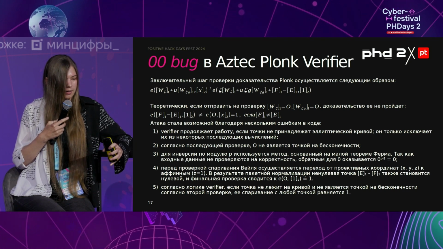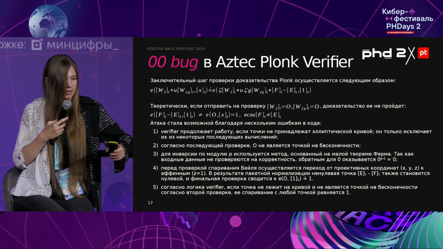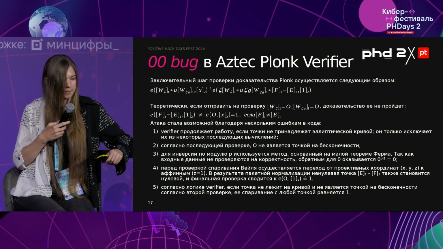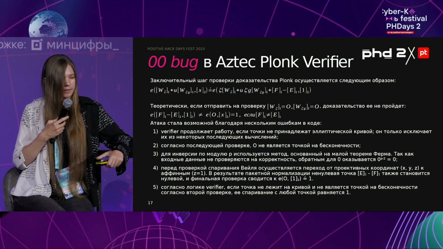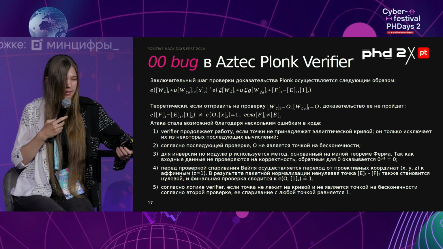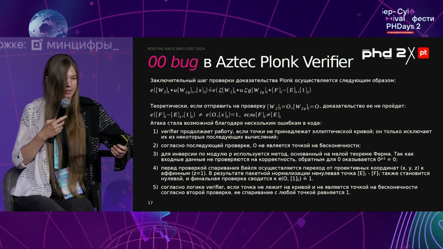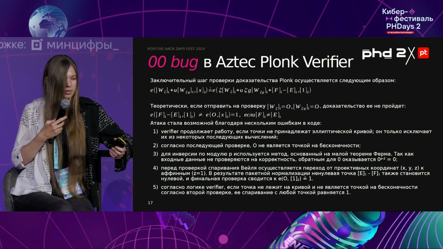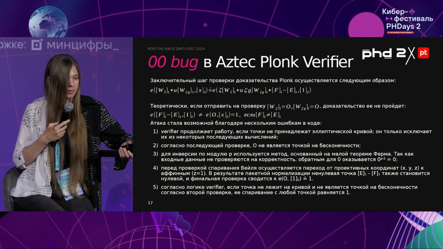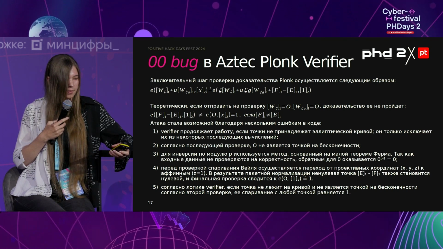It happens with batch normalization, during which the non-zero point E1, 1 minus 1, also becomes the 0 point. The final check is all about checking the pairing between the point at infinity and the second base point of the elliptic curve.